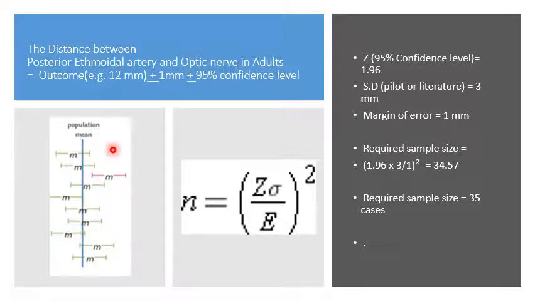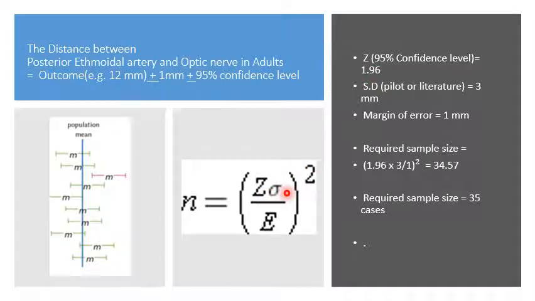So we start with the equation, and there are three variables here that need to be identified. The first is the level of confidence, and we have chosen a 95% level of confidence. The z-score for this is 1.96, so we'll put 1.96 here.